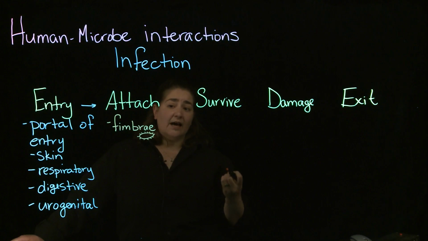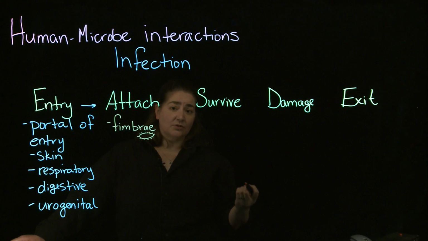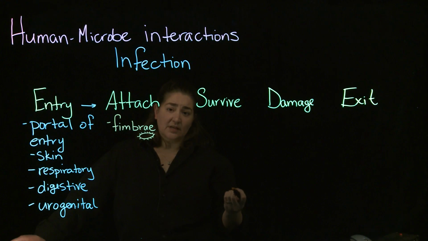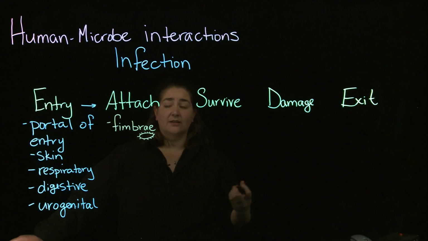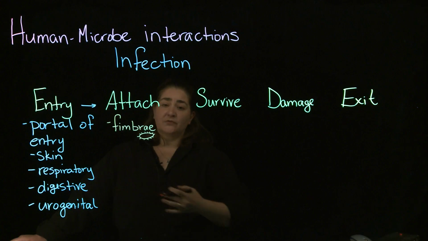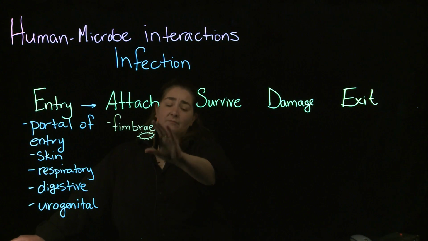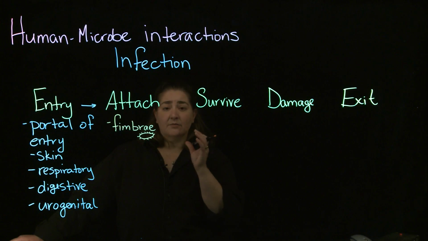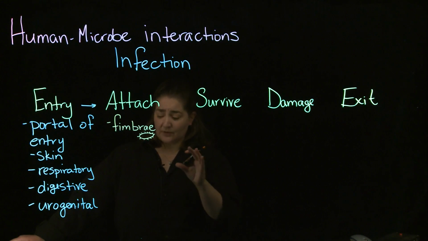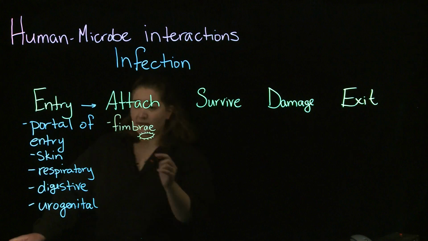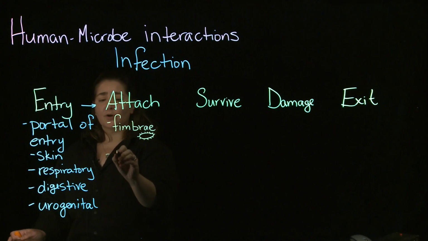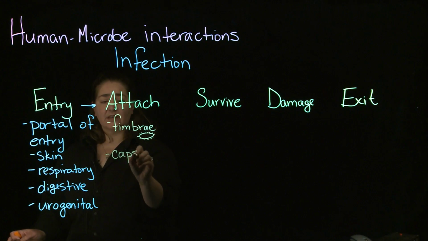Those fimbriae allow for attachment to the surface of epithelial cells, because primarily what you're talking about here, most of the portals of entry, we're talking about being lined with epithelial cells. So that microbe has to be able to attach and latch on to the epithelial cells of the body. Fimbriae are one way of going about that.